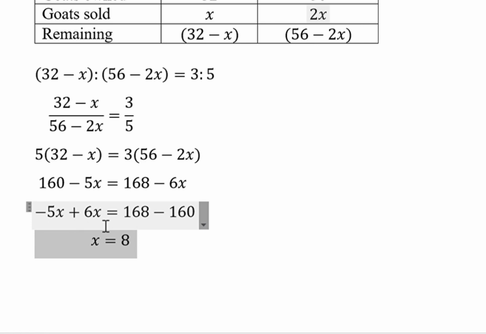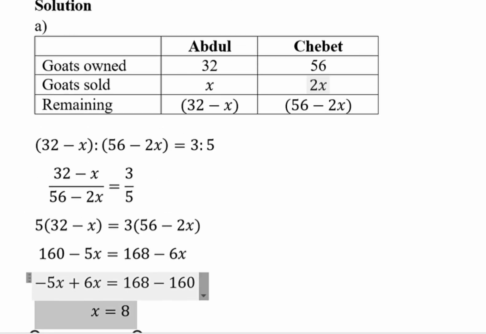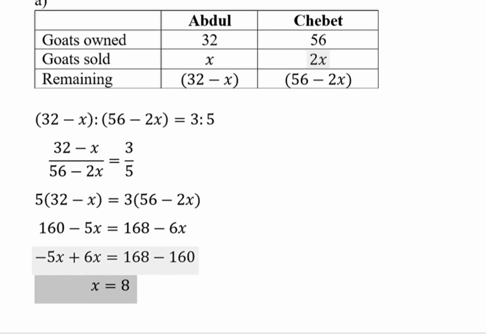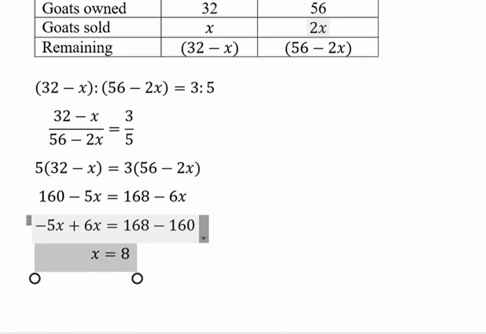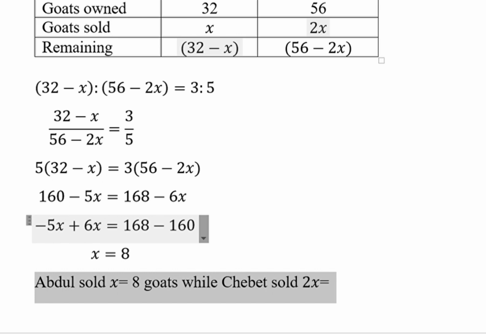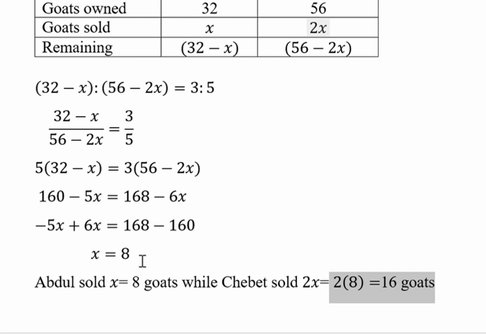What was X? X represents the number of goats sold by Abdul. So we can say that Abdul sold 8 goats, while Chebet, we are told she sold twice this number, so 2 times 8, and that gives us 16 goats.